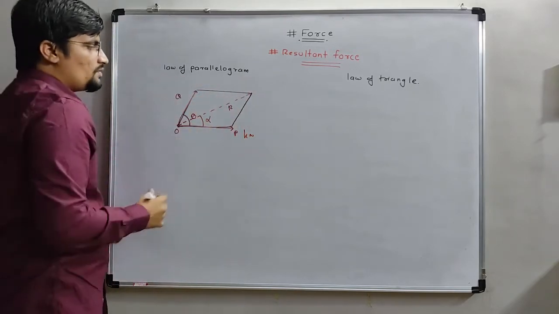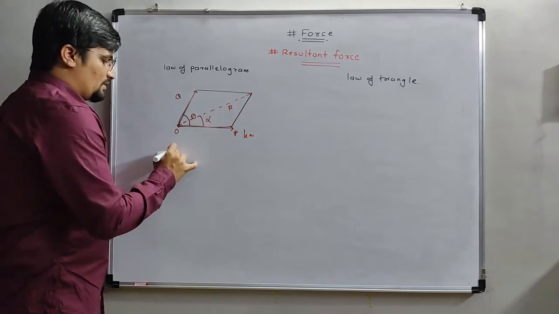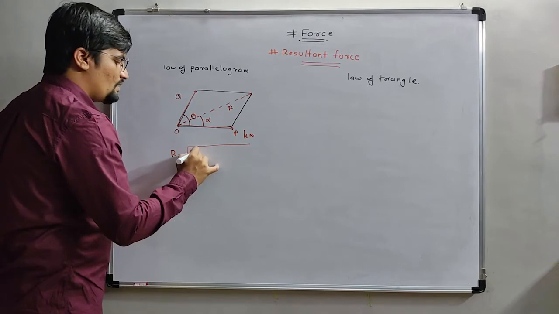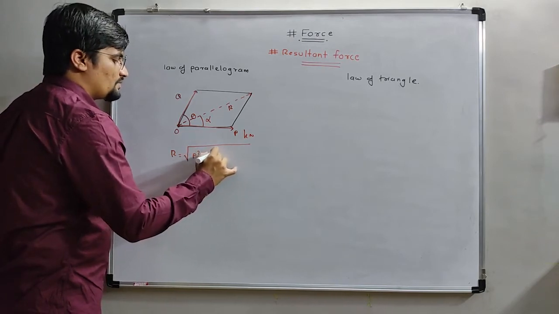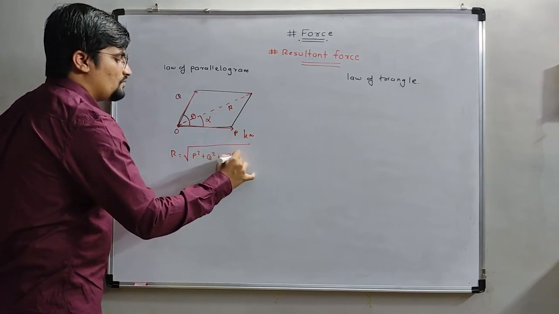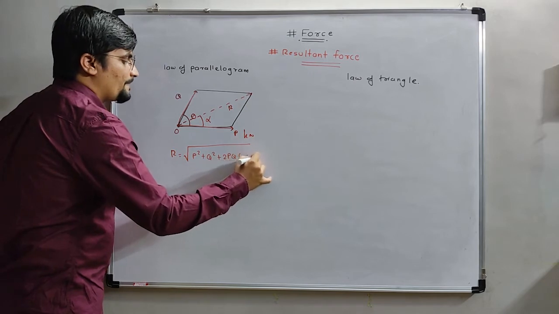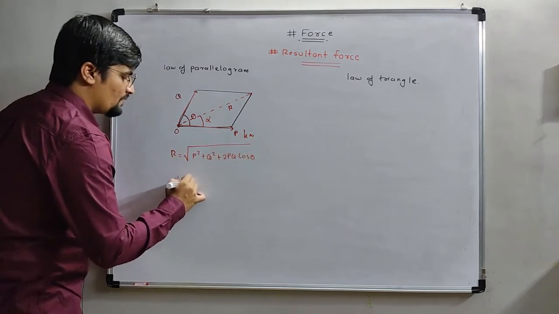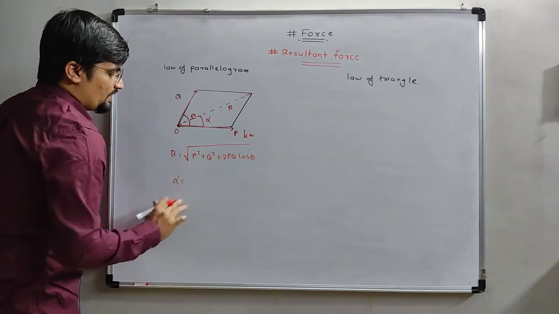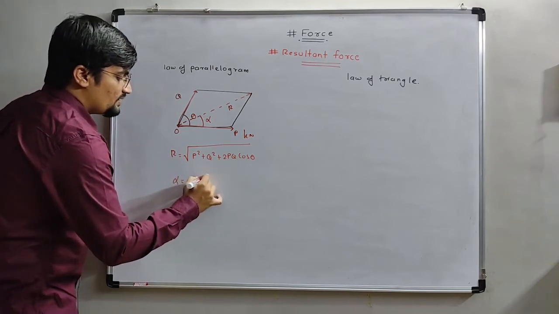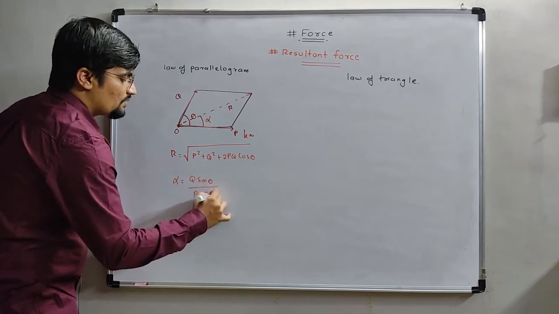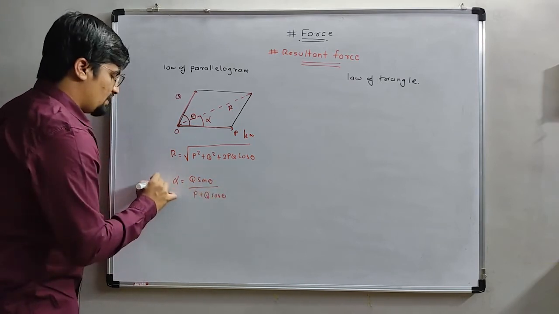So the equation to find the resultant is R equals the square root of P squared plus Q squared plus 2PQ cos theta. And alpha is decided by tan alpha equals Q sin theta divided by P plus Q cos theta.